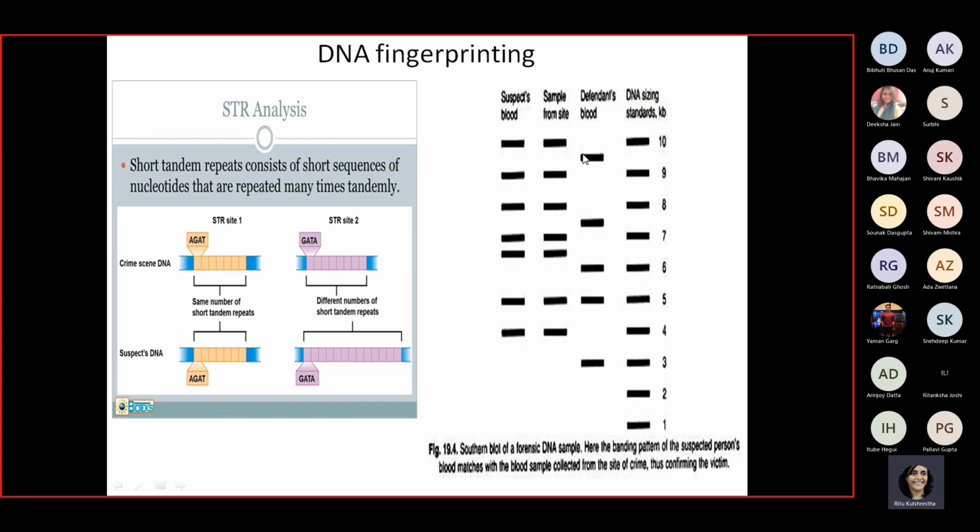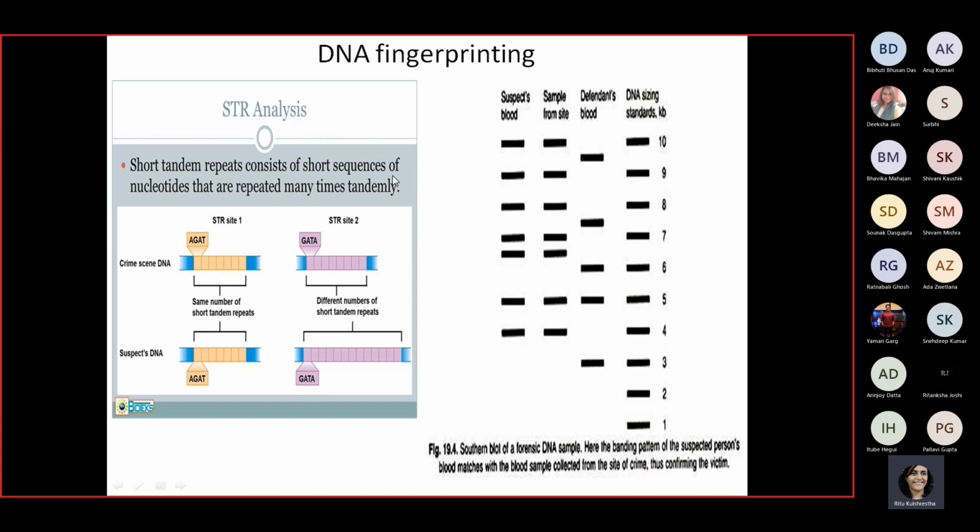That's why when you have to compare two different individuals, you go for a set of STRs. Like I know last time I had seen that a panel of 13 different VNTRs or STRs were approved by a certain agency in the US as a panel to compare between two different individuals.